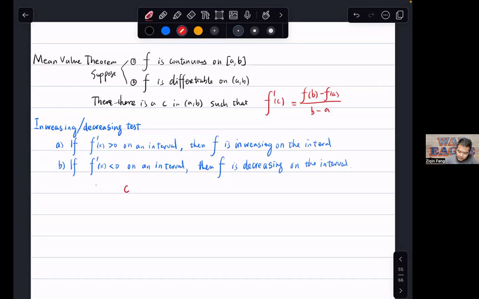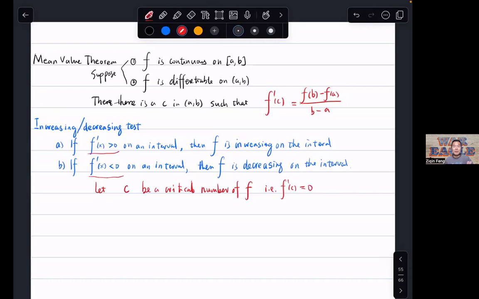Let c be a critical number of f, i.e. either f prime of c equals 0, or f prime of c does not exist. We already know what happens when the derivative is positive or negative.